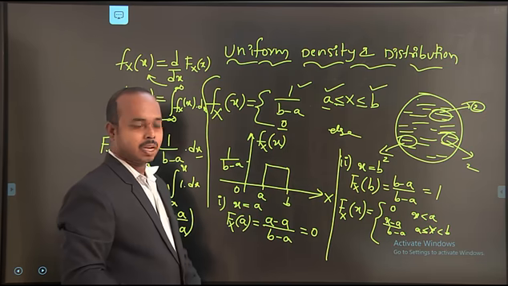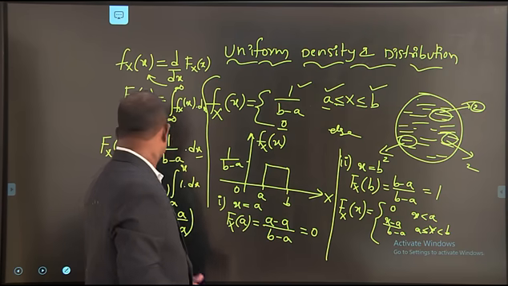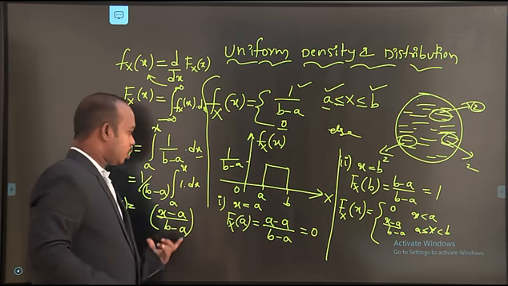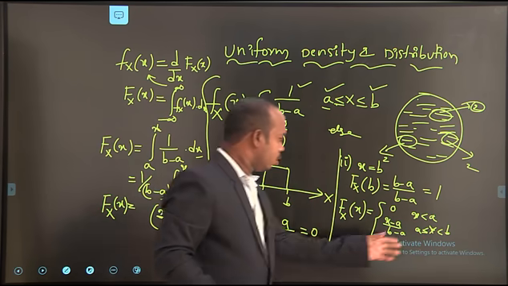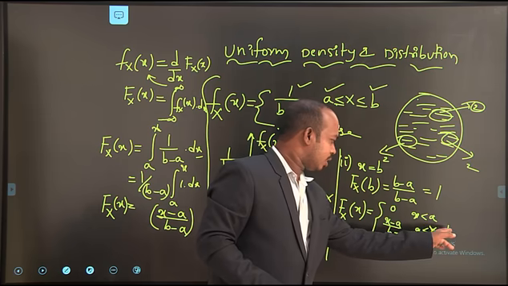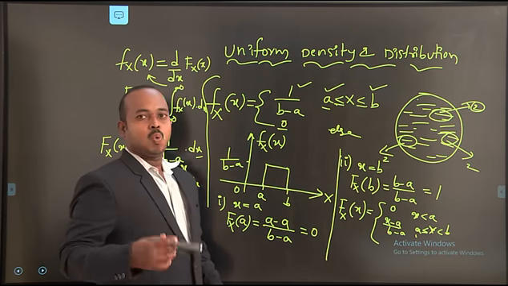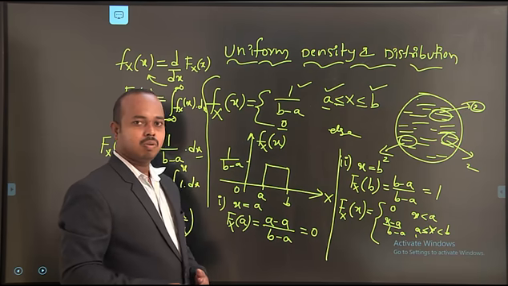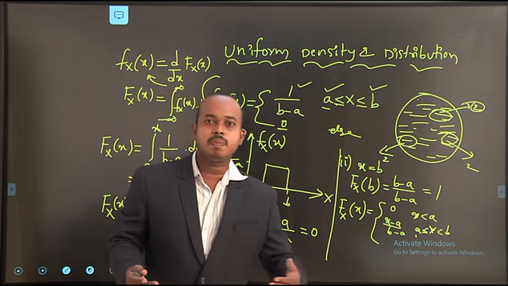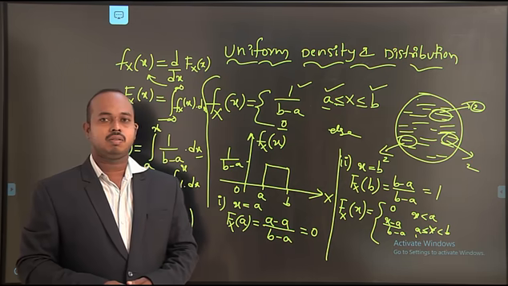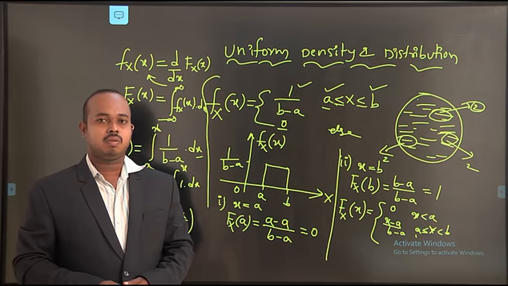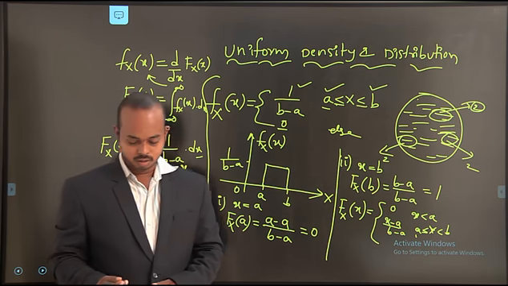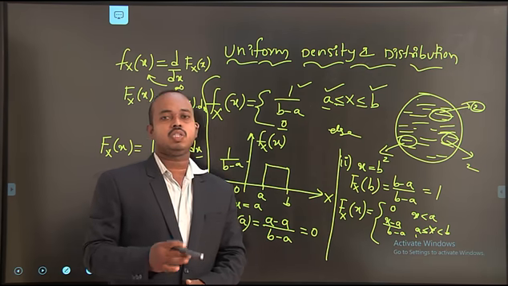We obtain F_X(x) equal to x minus a divided by b minus a under the condition a less than or equal to x less than b. When x is more than b, the distribution function value is unity.